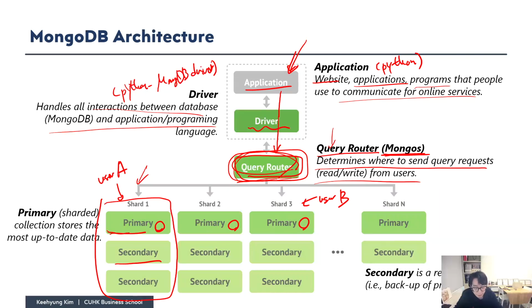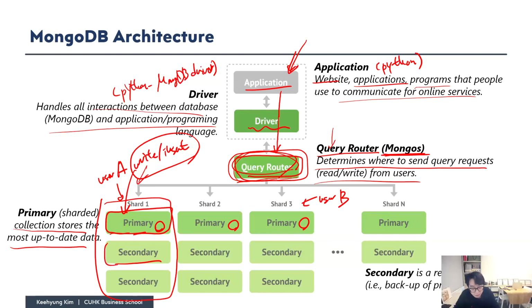So the primary server is where it contains the part of a collection that stores the most up-to-date data. So if user A checks in to a new place, then we have to add that information to user A. Then that will be added here into the primary. So the primary will handle write and insert operations, basically. So all the write and insert operations will go to the primary.